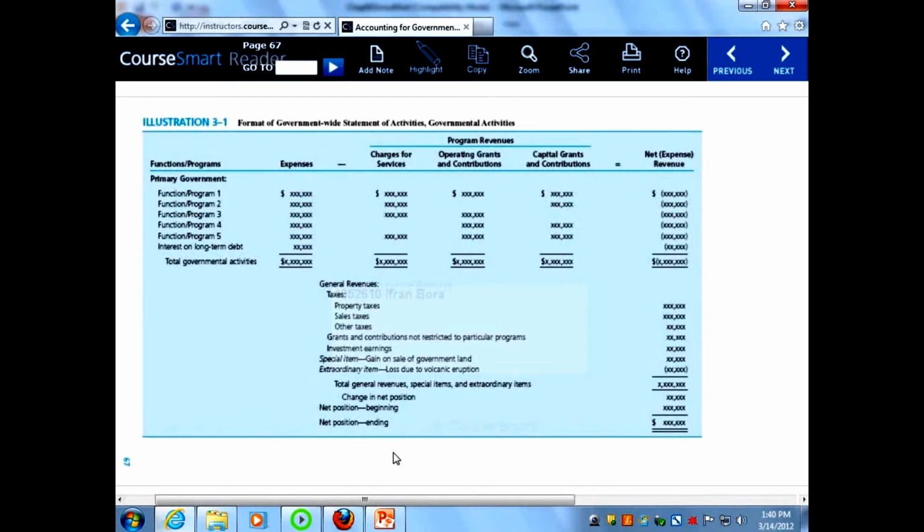So basically what happens is we show the direct cost of each function, we show any indirect costs, and then we show the interest on long-term debt. Okay, so just keep that in mind. All right, moving along. Let me go back.